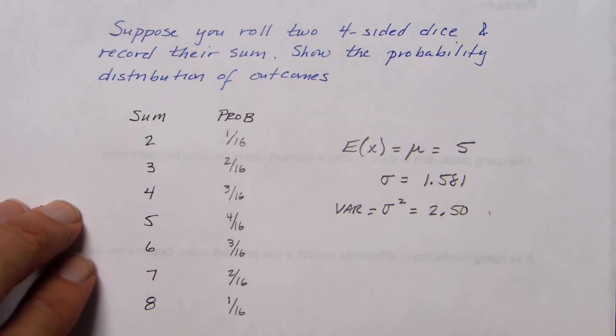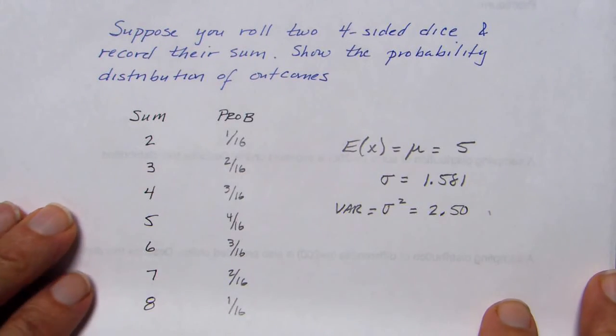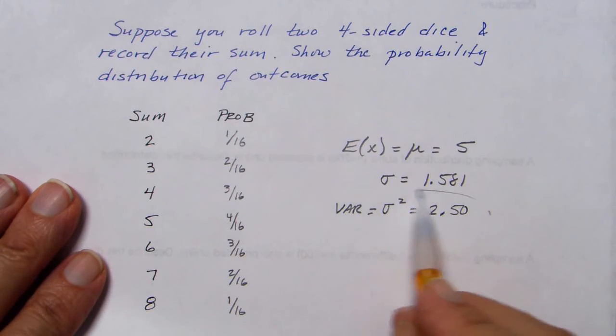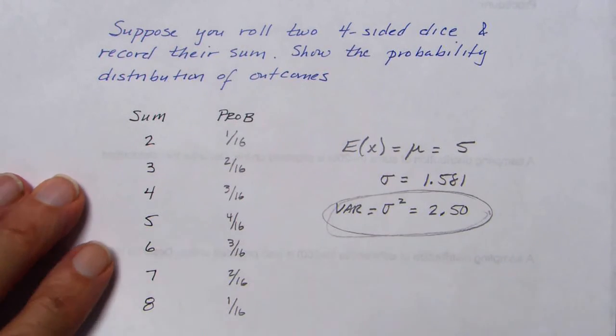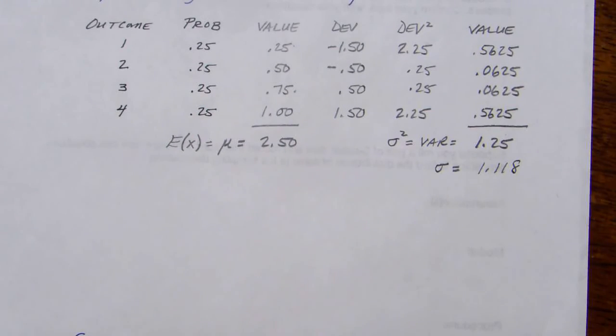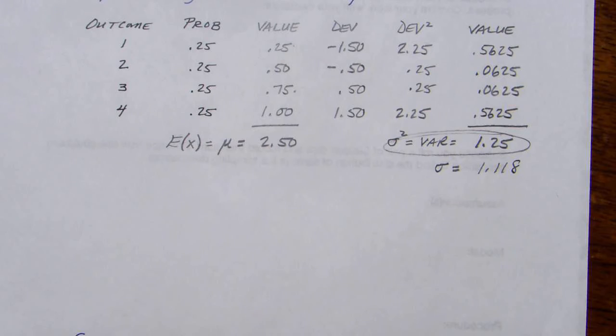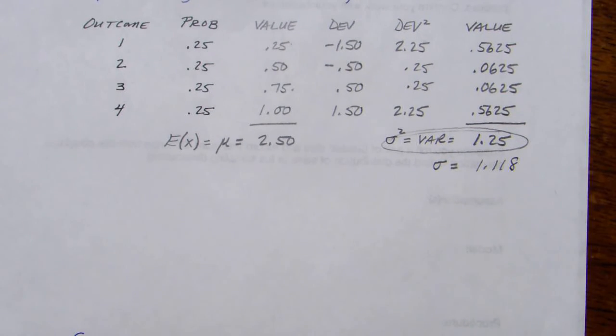Now, one thing I want you to notice that's going to be important as we go through this is that the variance here is twice as much as the variance here. And that is no accident.